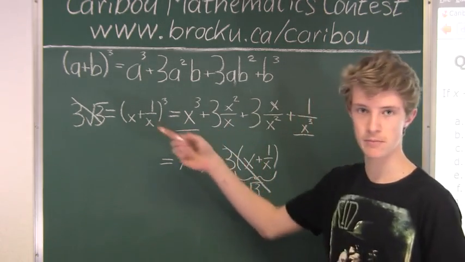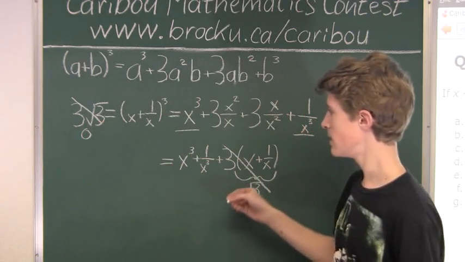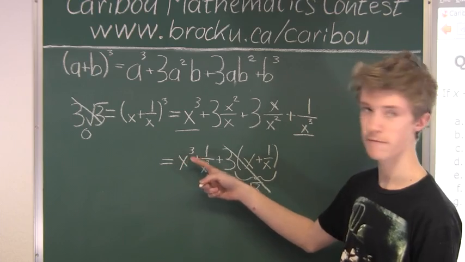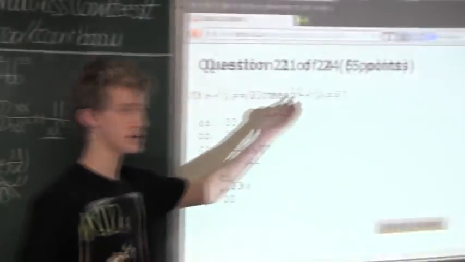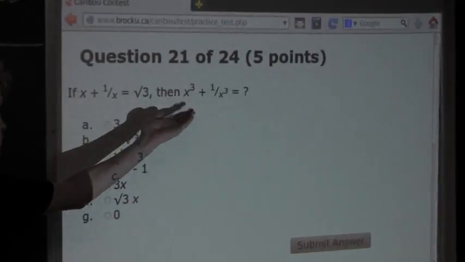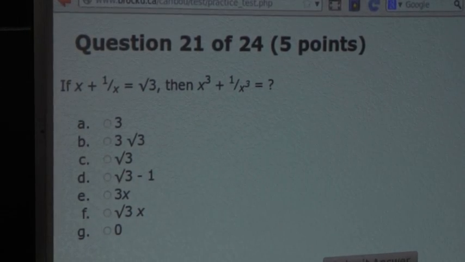So we will subtract it from both sides. So we will be left with 0 on the left-hand side and on the right-hand side we will just have x cubed plus 1 over x cubed. Well, if we look at the question, it's perfect because that's exactly what we want to find out, which is the sum of x cubed plus 1 over x cubed.